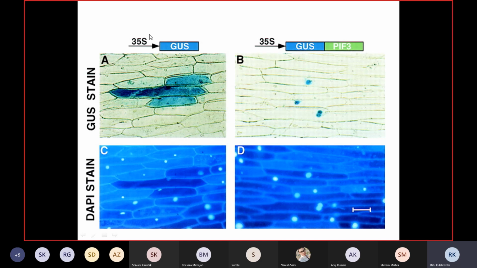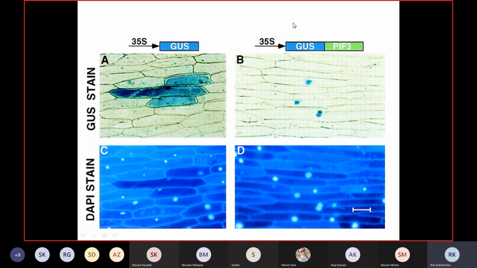So this is a promoter and we have this GUS gene cloned downstream to it. If we are able to transfer this plant cloning vector or this gene of interest into the plant cell, the cells which have taken up this plasmid will show blue color. So this is how it is seen.